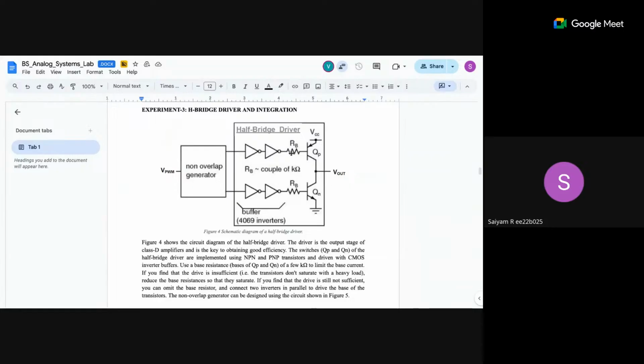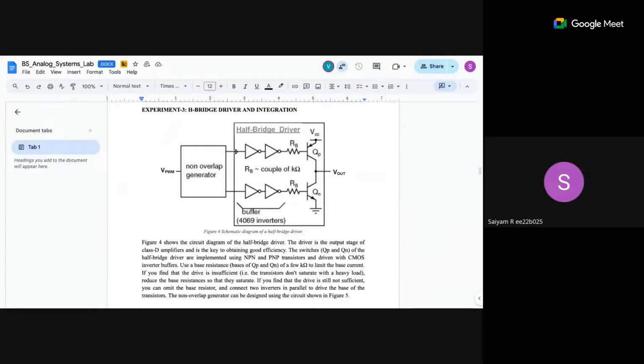Then the gate voltage is low, so it will conduct. Let's say it's on. But now we have said Q bar is low, right?